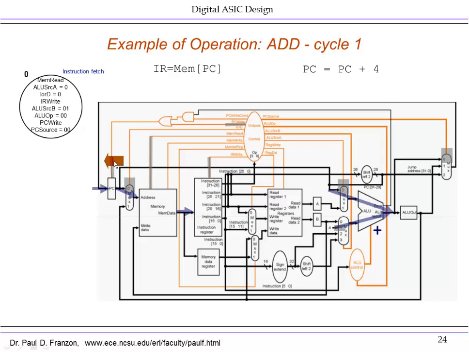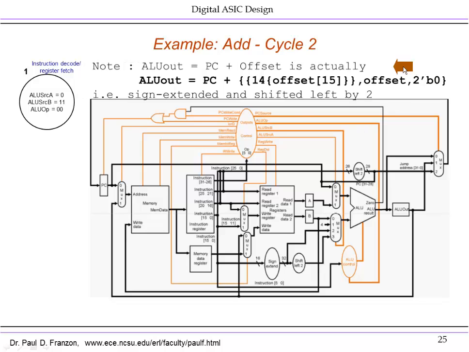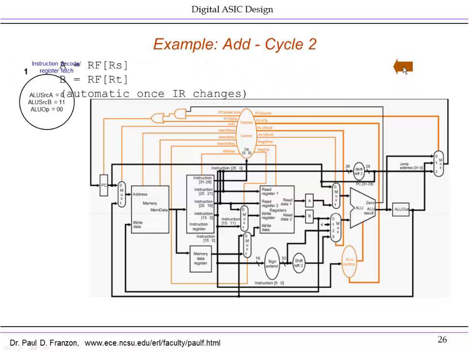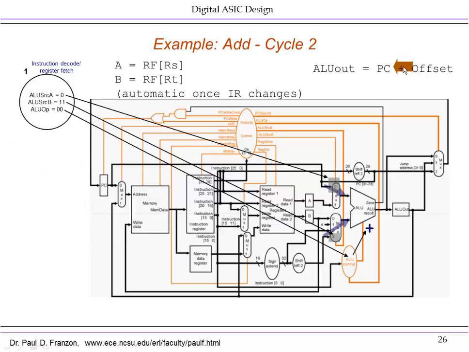This is an example of how individual control lines are set in order to enable the specific micro operations that have to be performed in this clock cycle. I then go on, and I'm not going to go through the details, showing this for the additional states in this finite state machine.